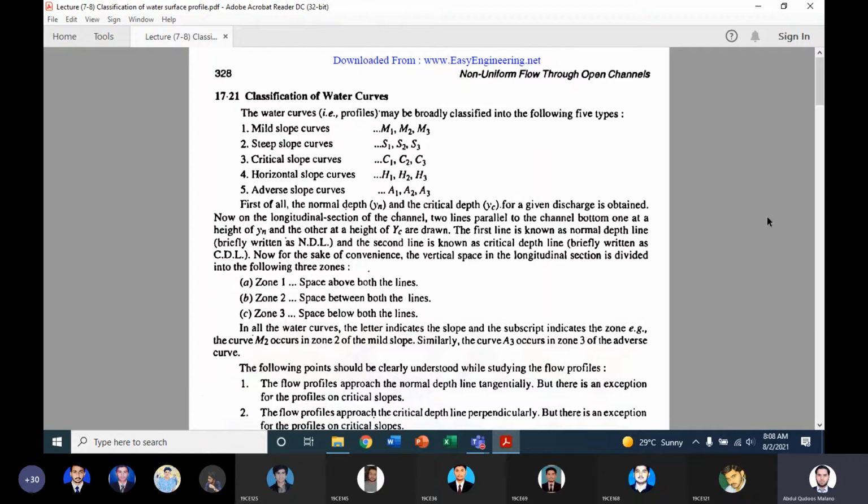We'll discuss them later. For simplicity, in order to remember in what part of the curve which depth is greater, and the relationship between the normal and the critical depth, these water slopes are divided into three different zones: zone 1, zone 2, zone 3.